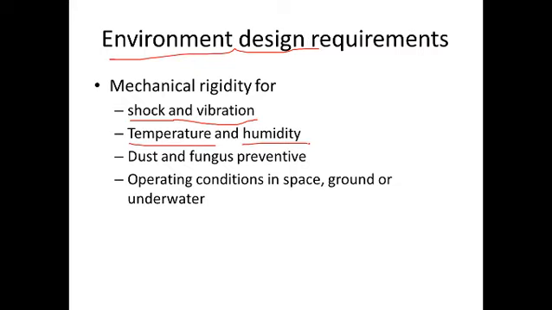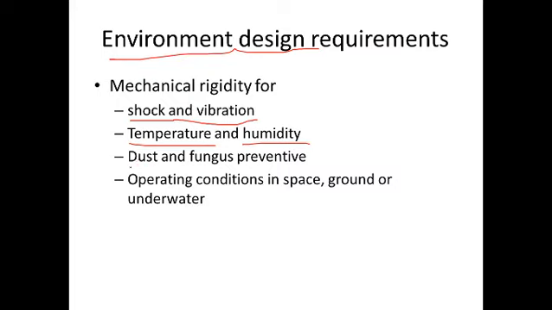Excess temperature, or excess humidity when you are going in the humid area, coastal area, definitely you are facing the problem of humidity. So that may affect your PCB internal circuitry. If the internal circuitry is humid, then it is going to short circuit somewhere, and that may cause a problem to your circuit. So that should be immune to that humidity.